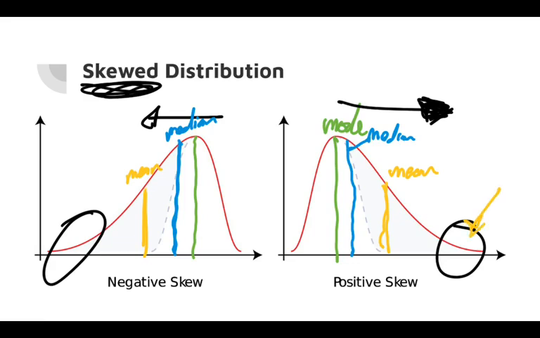These outliers, these large numbers, pull the mean away from the middle of the distribution. That's the biggest weakness of the mean: if you're dealing with skewed data, the mean is not a great representation of the bulk of the population because it's pulled so far away from where that bulk is.